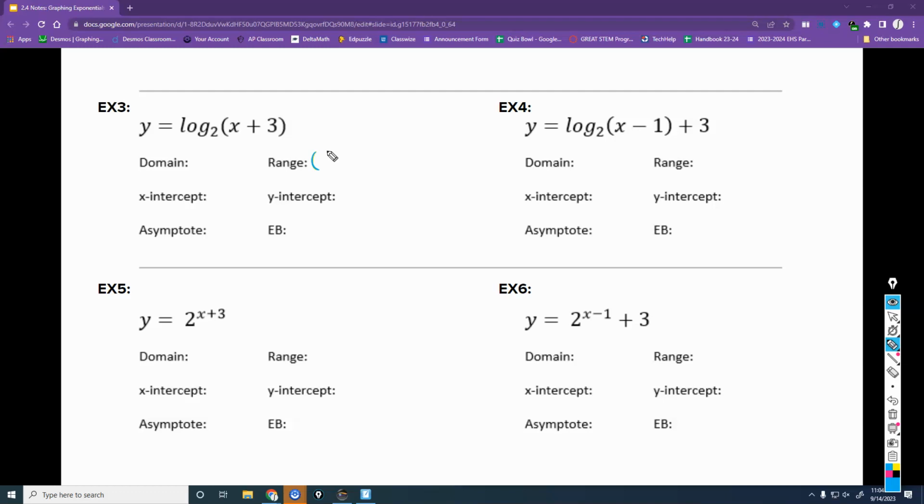And then as x approaches positive infinity, that's what it's looking for there. Some of these will not have a y-intercept or an x-intercept, so just put none for those.